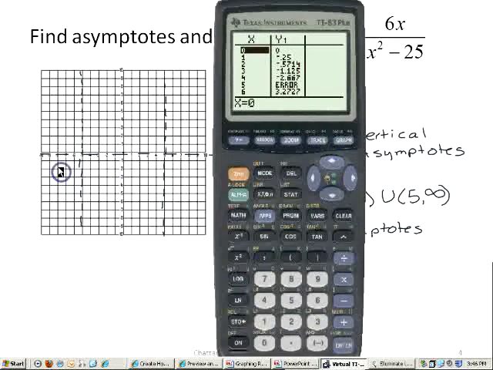I want to find x values that are out here. So that means I want x values that are less than -5. So I'm going to scroll in my table till I get to those. I see that -5 is an error because that is not in my domain. So here are my values that I'm going to put for these points. -6 is down a little bit past -3.